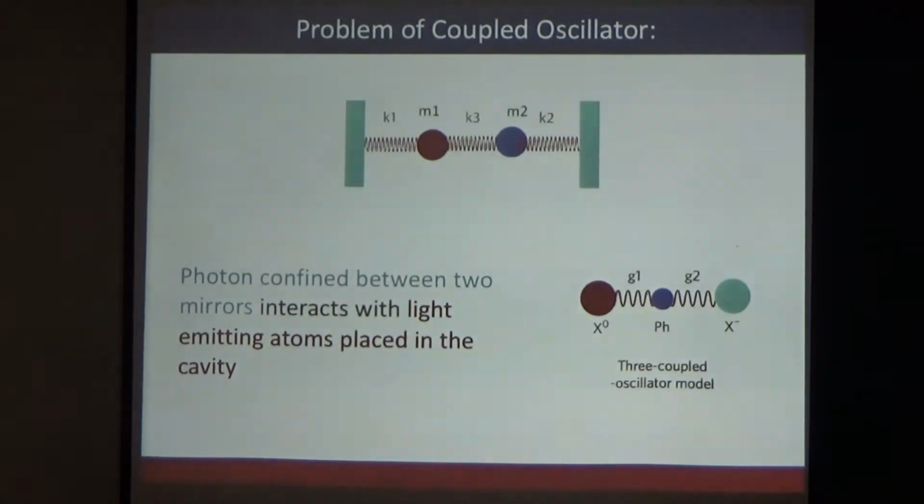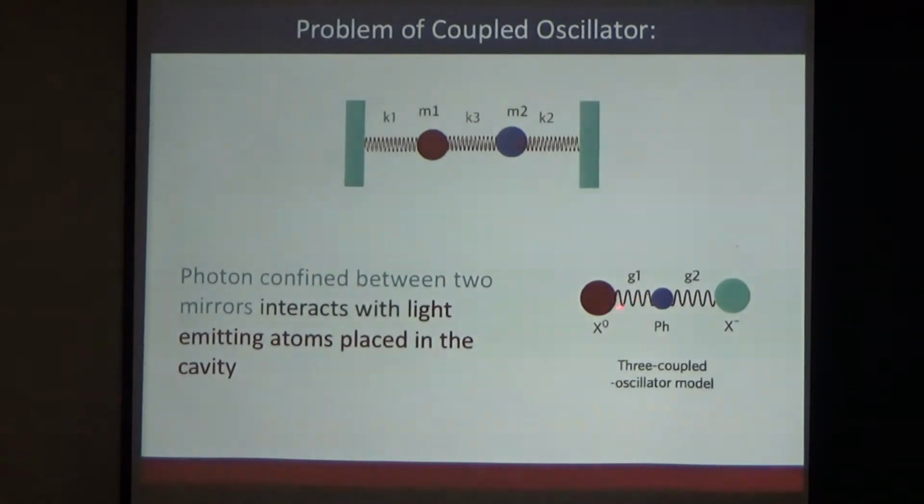We'll discuss more about this curve and what these mean, and that is the aim for the next few slides. Now, this is a problem of coupled oscillators. We have two masses that are coupled by a spring in between, and we can think of the same physics when we discuss excitons inside the cavity. Because we also have trions, instead of two coupled oscillators, you can think about three masses connected together.